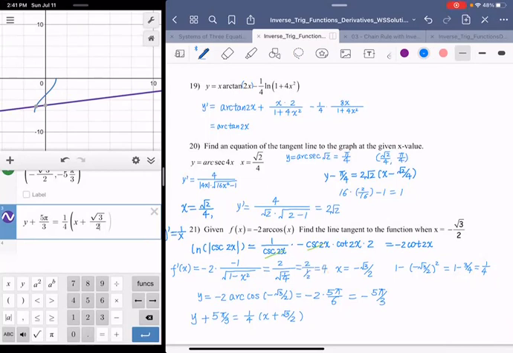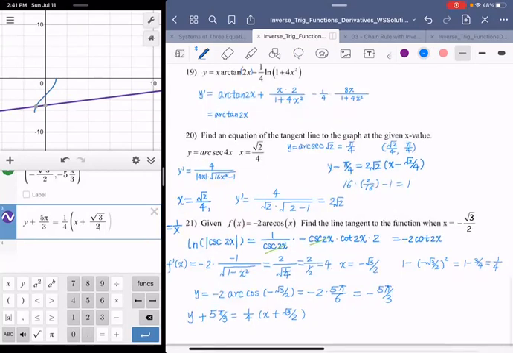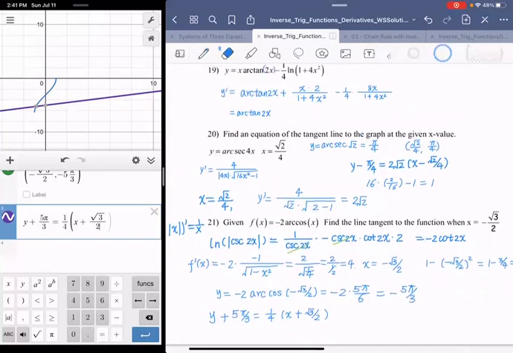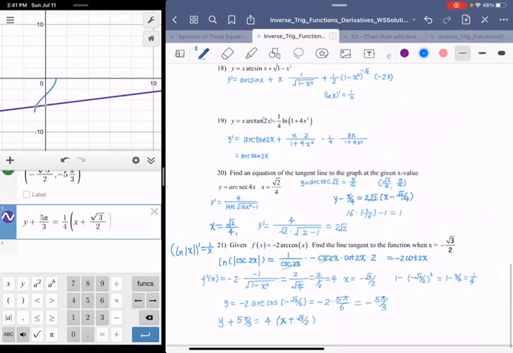Makes sense? Yeah. So the slope is not 1/4, the slope is +4, right? Yeah. Makes sense now?